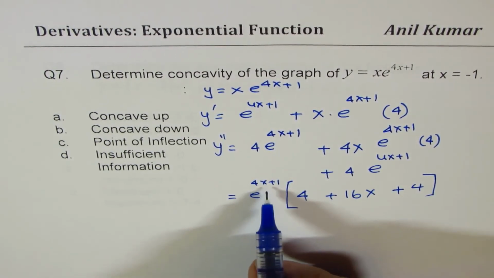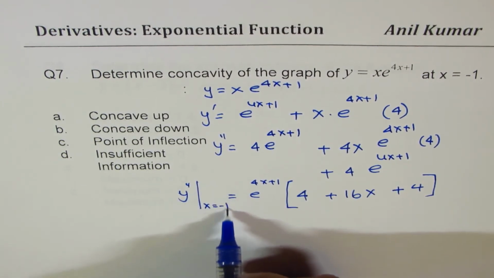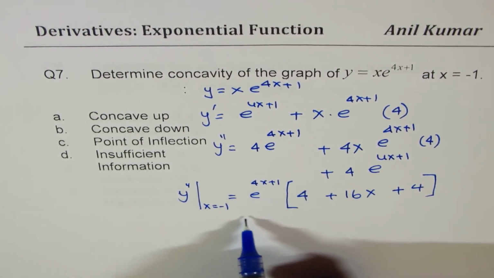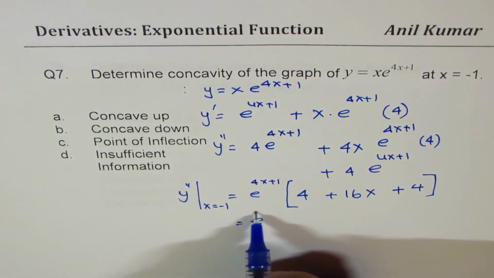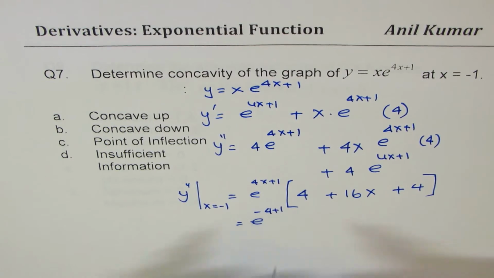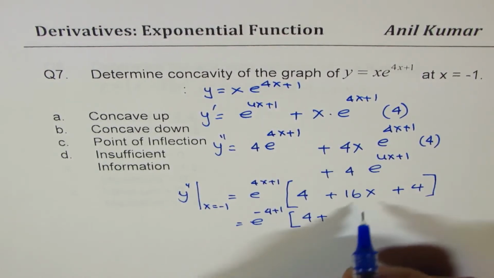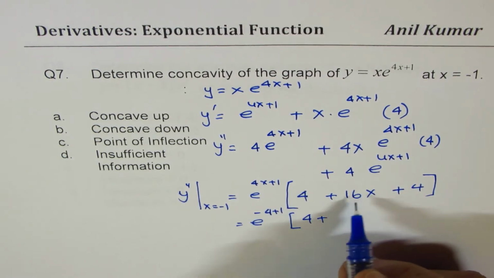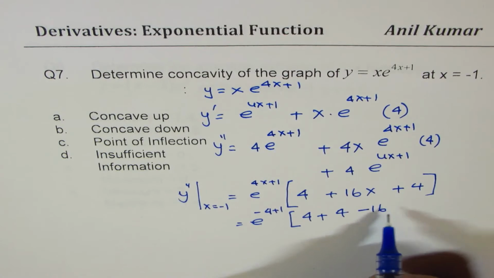Now if I substitute minus 1 here, so that means second derivative at x equals to minus 1, I get the first term here, which is e to the power of minus 4 plus 1, correct? And then what we have here is 4 plus, I should write 8, doesn't matter, 4 plus 4, and that becomes minus 16, right?